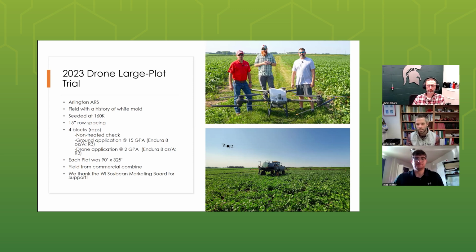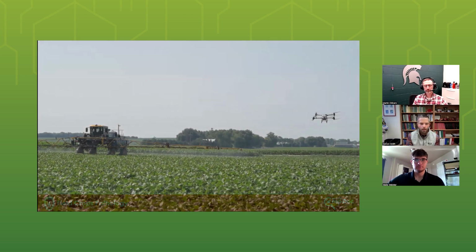So we've started taking a look at these drone applications. This is a 2023 data set where we did some larger strip trials, looking at 2 gallon per acre drone applications at our R3 timing using Endura at 8 ounces, and comparing that to a conventional 15 gallon per acre ground application rig. So Wade, next slide.